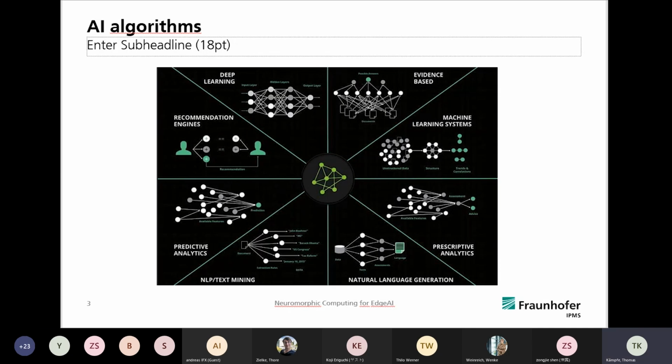State-of-the-art AI can be divided into various categories, as can be seen in this chart here. We see deep learning, which is a very strong part of artificial intelligence, or natural language generation and natural language processing. These are very attractive and very strongly investigated fields of research.